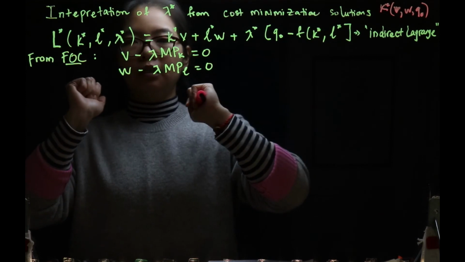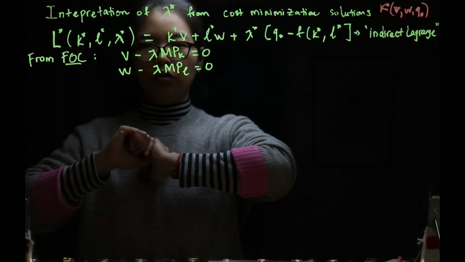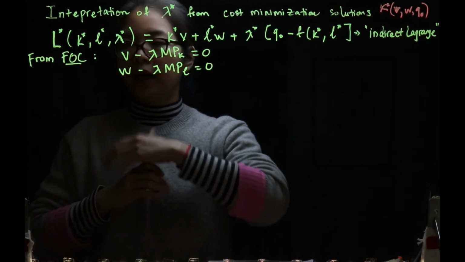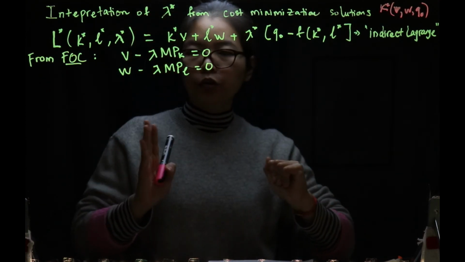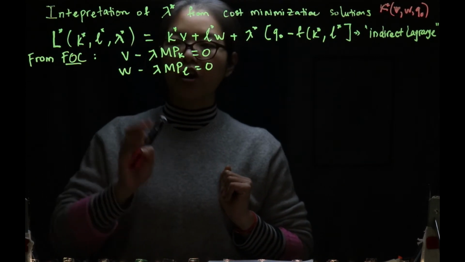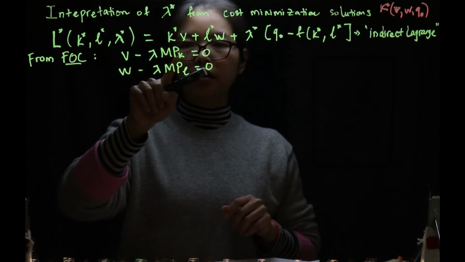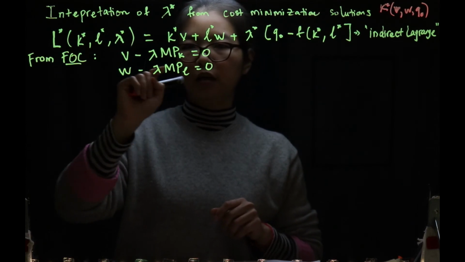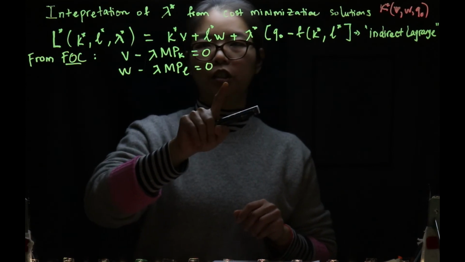So this is what we get, with the lambda also a function of input prices and output quantity. From the first order condition that we used to arrive at the solution for K star and L star, we also know that V minus lambda times MPK, the marginal productivity of capital, equals 0. This is the first order condition.